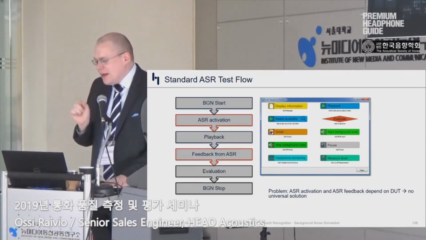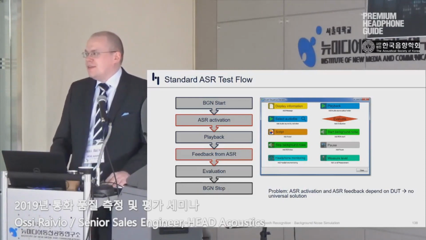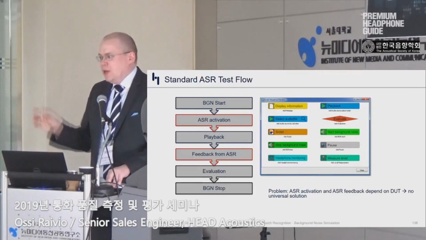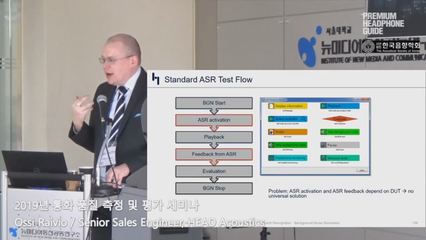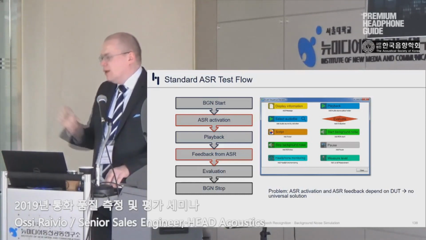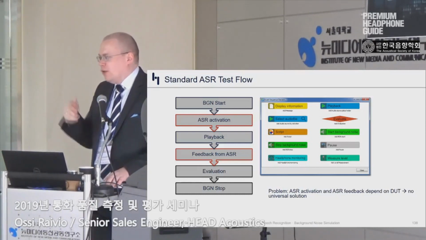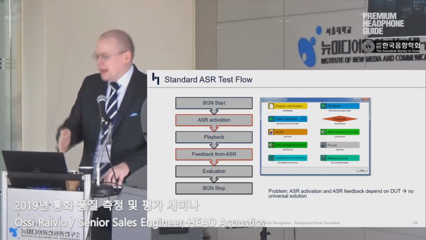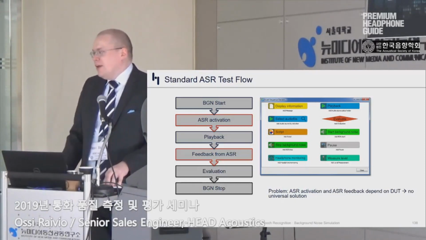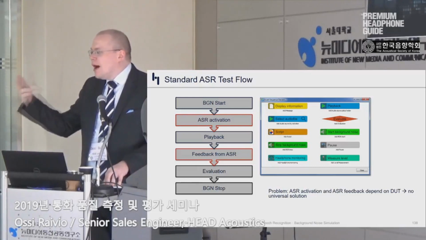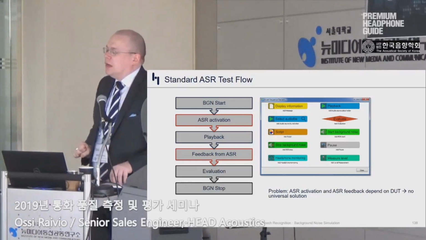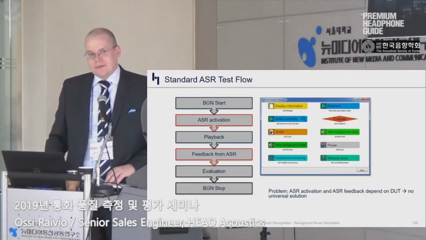So this is a big problem in speech recognition testing, that there is no universal interface which would give you access to what the device understood or what it is doing. In the worst case, you need manual input, and even if you have the access, you might need to modify the interpreter depending on the device.